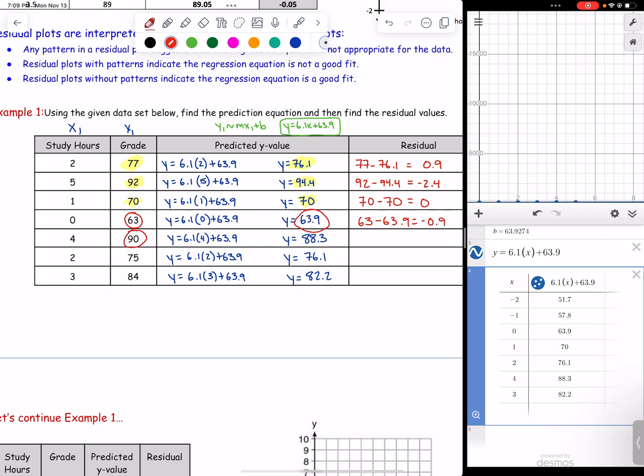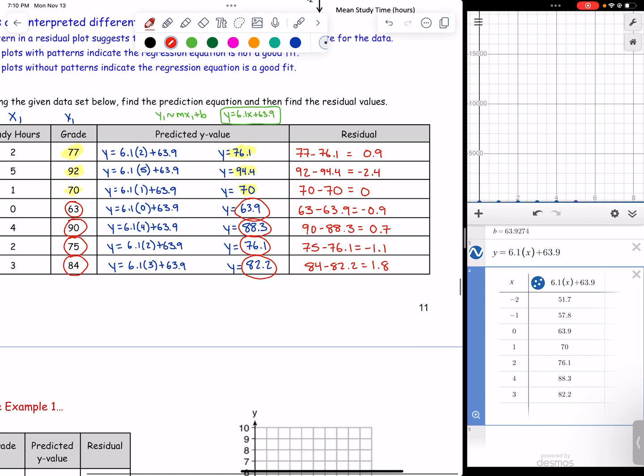We have 90 minus 88.3, which will be 0.7. 75 minus 76.1, which is a negative 1.1. And then 84 minus 82.2, which would be 1.8.